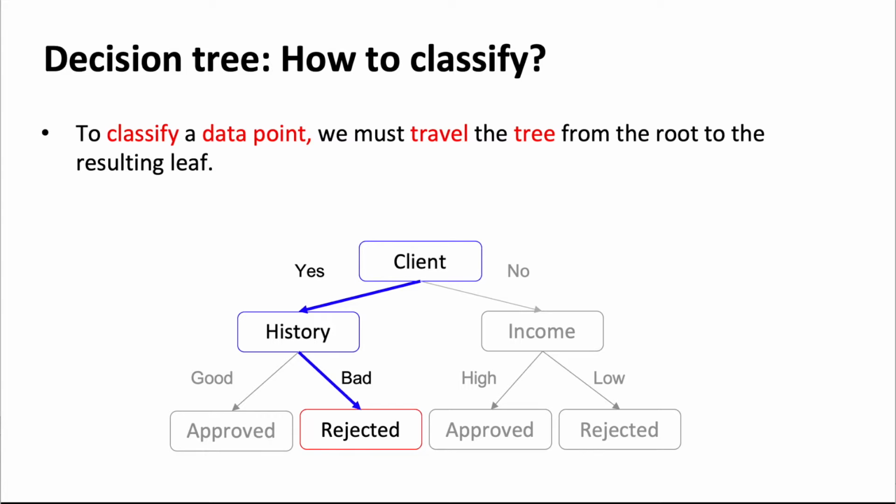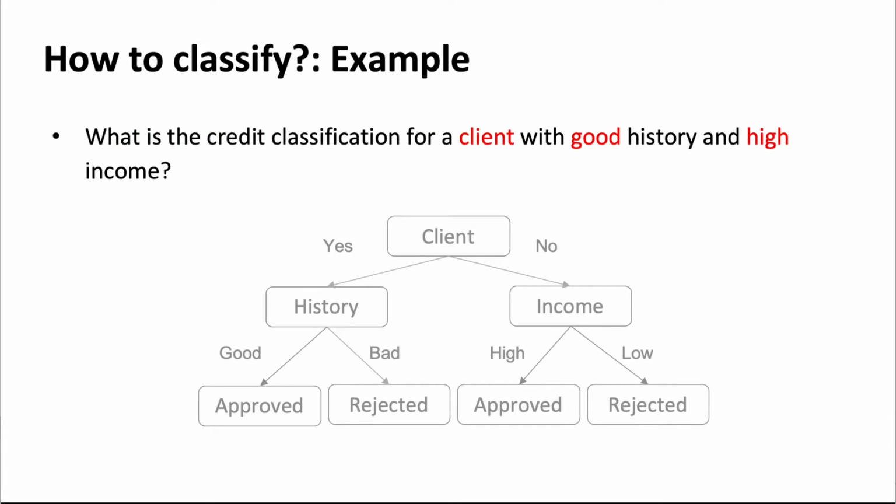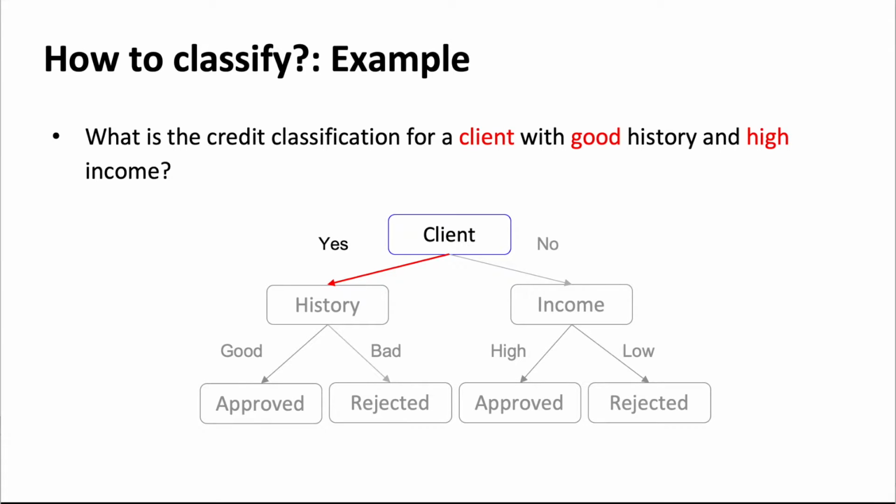So how do we classify a completely new data point? In general, we just need to travel the tree from the root to the resulting leaf. For example, if we have a person who is a client and has a good history and high income, what will be its classification? Okay, so the first question is: is this person a client or not?